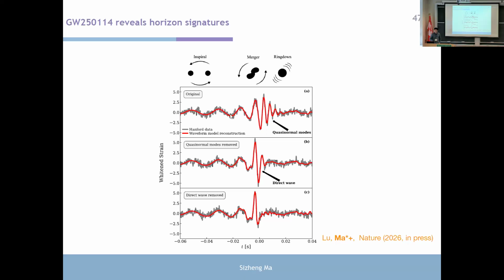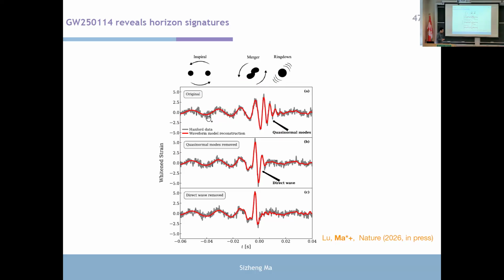This noisy gray curve is the raw data after whitening. Because this event is so loud, we can actually see the gravitational wave cycles, especially the late ringdown stage. And by the way, this red curve is the best fit from numerical relativity waveforms.